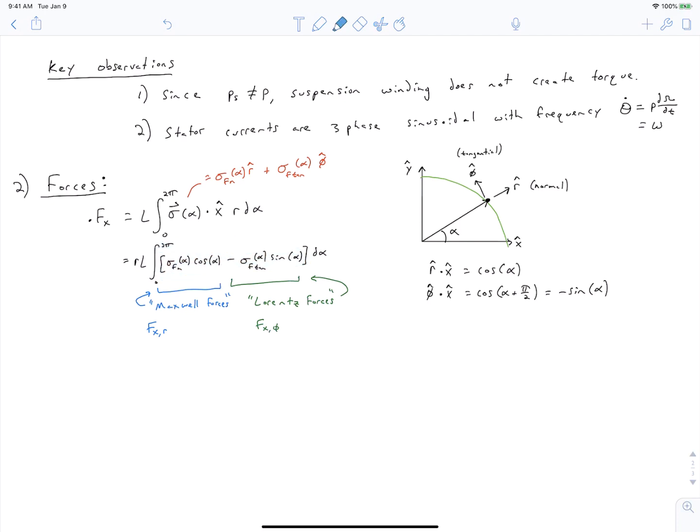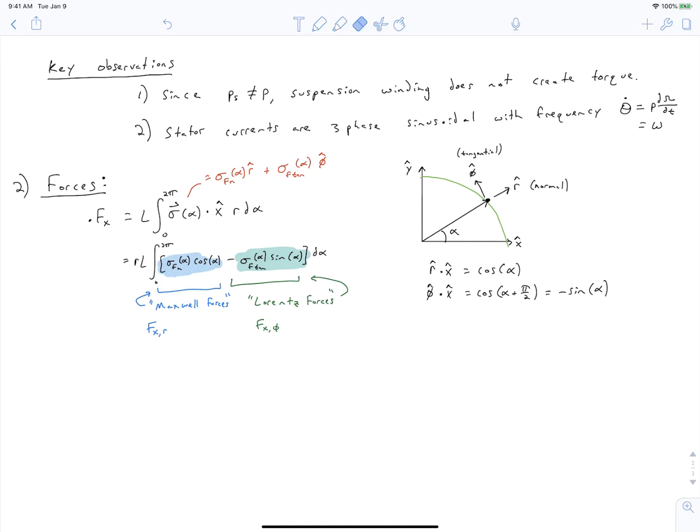And we get the following resulting integral. And we can divide this integral up into two terms, the terms associated with the normal force density and the terms associated with the tangential force density. The terms that are associated with the normal force density are referred to as Maxwell forces in the literature. These are actually the dominant forces in most bearingless motors.